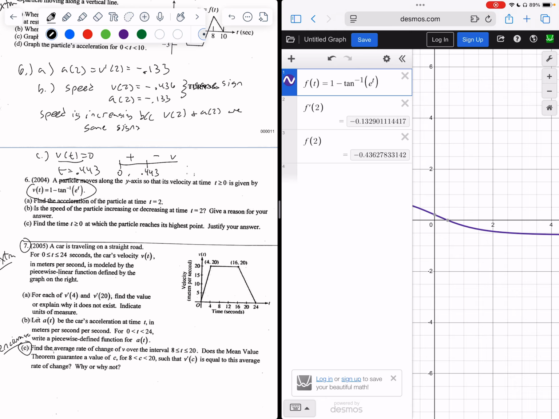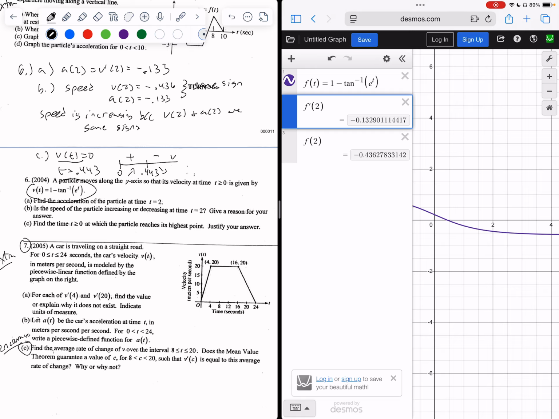After that we're negative, so it's going up and down. Where is the only place that can be an absolute maximum height? It has to be at 0.443. It has to be there because I'm going up and then down, but do we ever go back up again? No. So this is what we call the only candidate.